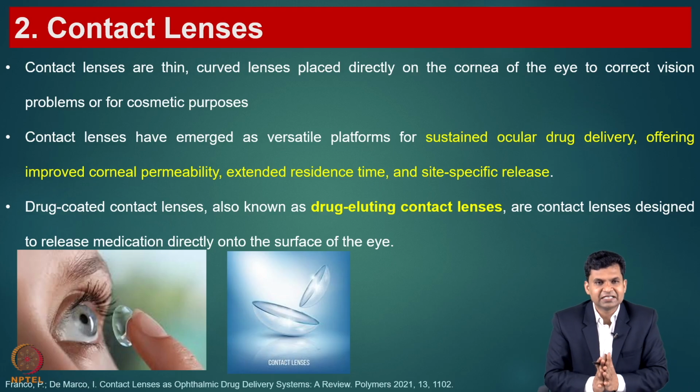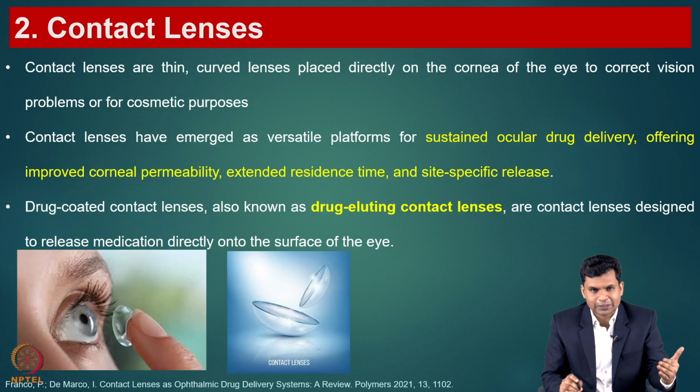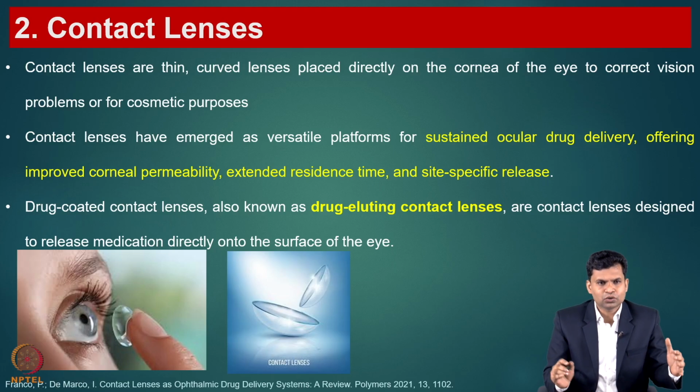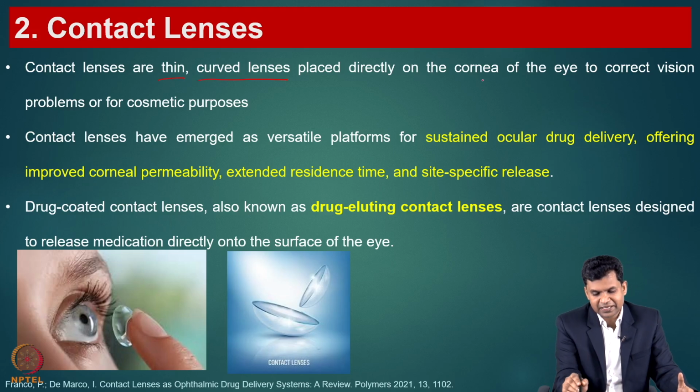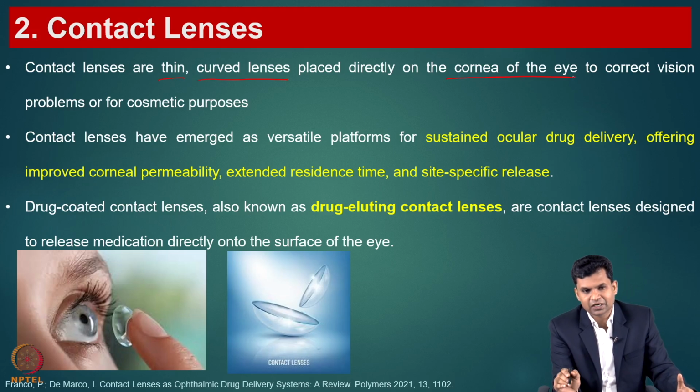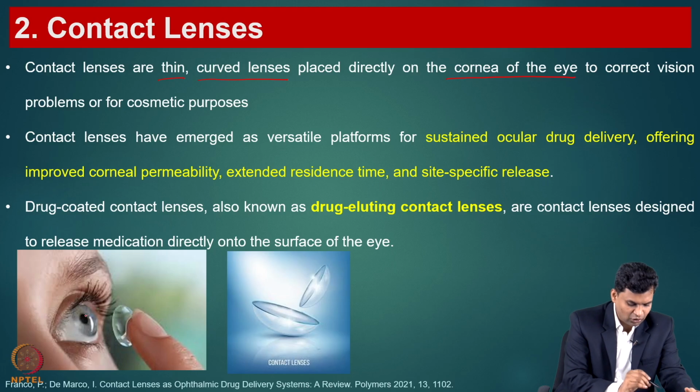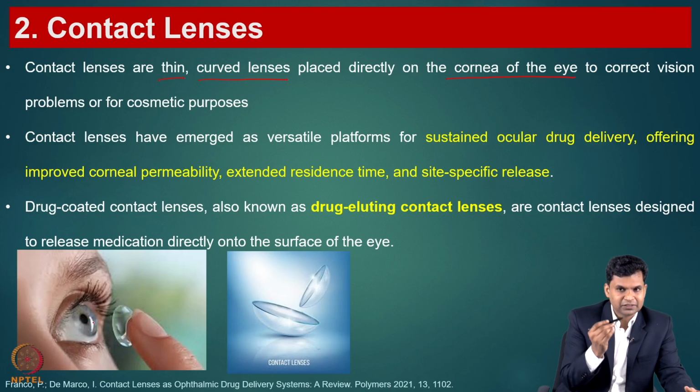Now, the second category in the novel ocular drug delivery system is contact lenses. Contact lenses are thin curved lenses which are placed on the cornea of the eye, or on the eyelid we can place this thin polymer membrane.